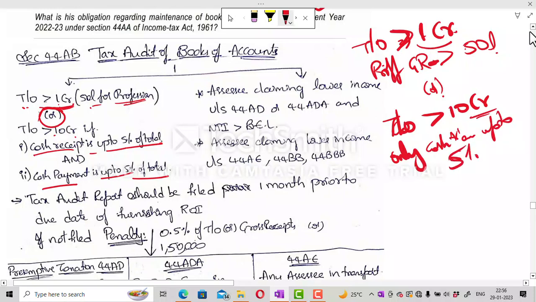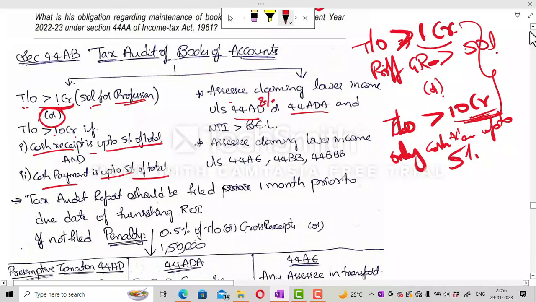Okay, then we can give the limit to 10 crores. If these three are exceeded, then only tax audit is applicable. Other than that, if the assessee is claiming lower income under 44AD or 44ADA, for business people it is 8%.